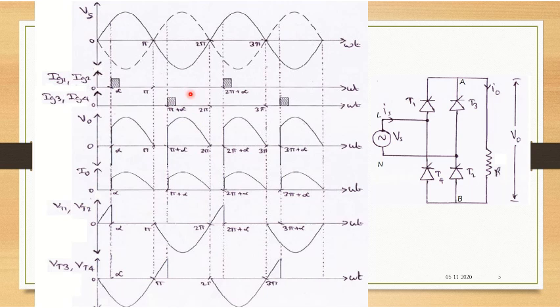The moment you are applying triggering signal at pi plus alpha, T3 and T4 is turned on. So voltage across them, that is T3 and T4 both, will be 0. Similarly in the next cycle, the same input, in the reverse phase, will be appearing across T3 and T4.